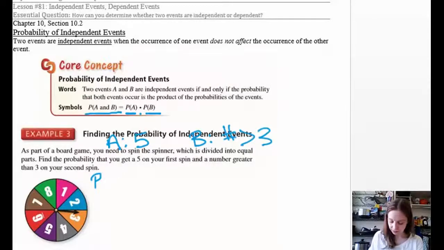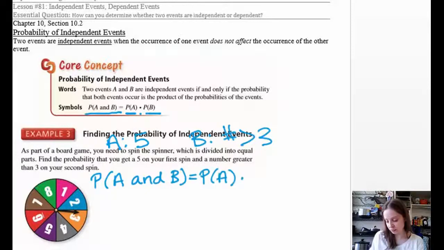So the probability of A and B is the probability of A times the probability of B. Stop for a moment. These are independent events because no matter what you spin the first time, it does not affect the outcome of what you spin the second time. They do not affect each other.